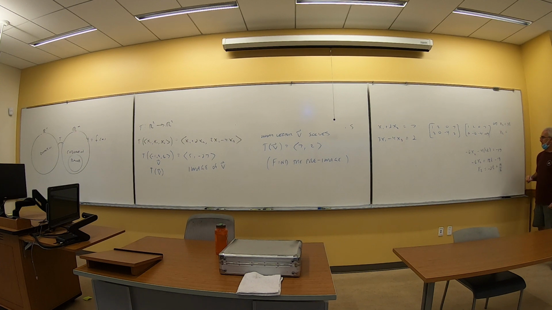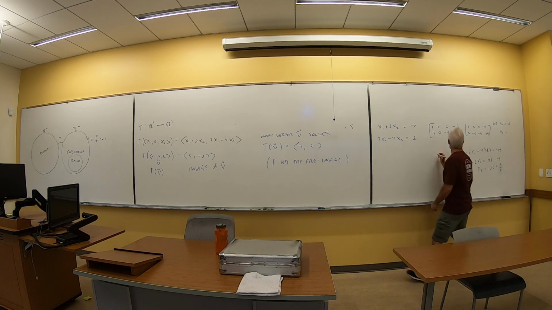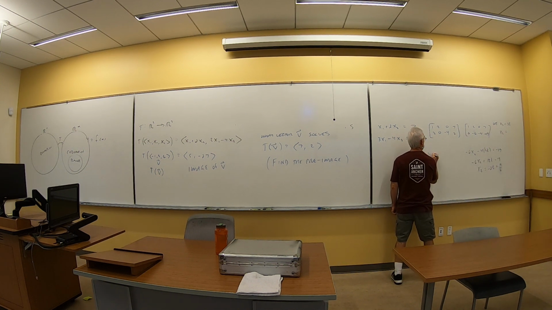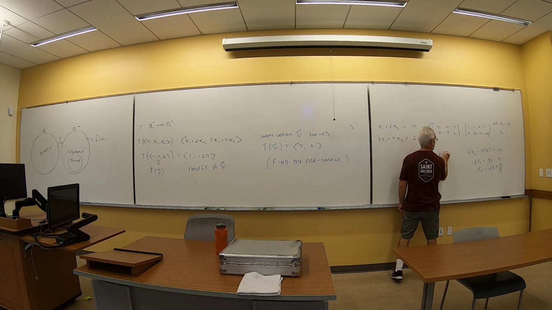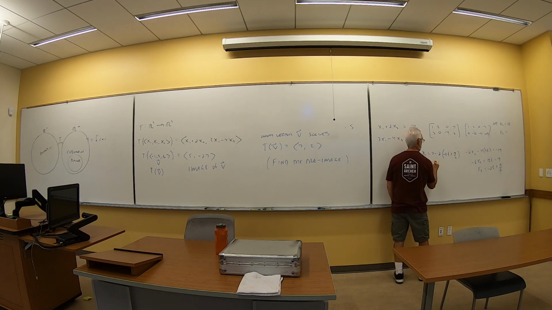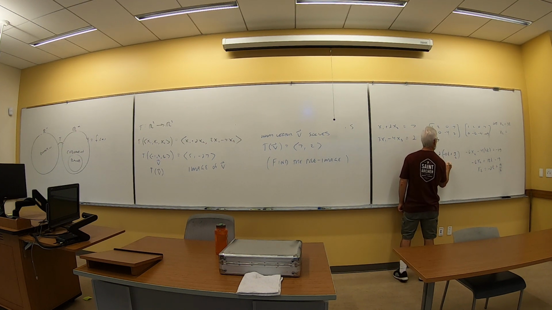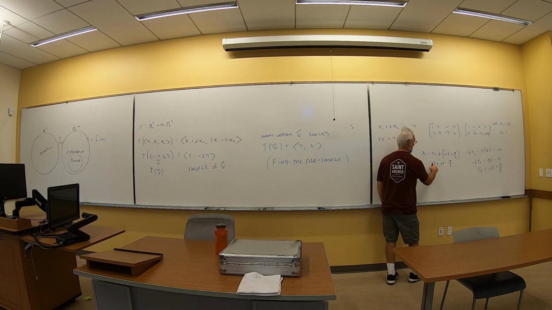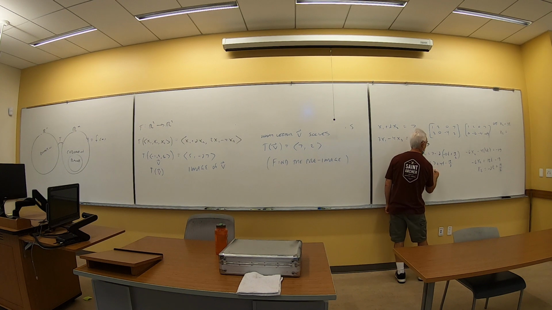Now what about x1? Back here. So x1 would equal 7 minus 2x2. So that would be 7 plus 4t minus 19 over 3. So that'd be 21 thirds minus 19 thirds, or 4t plus 2 thirds.